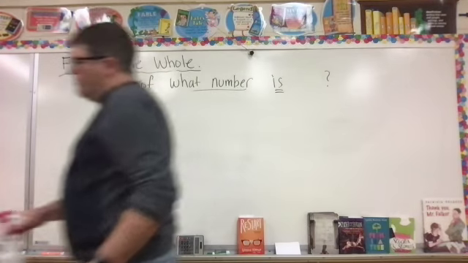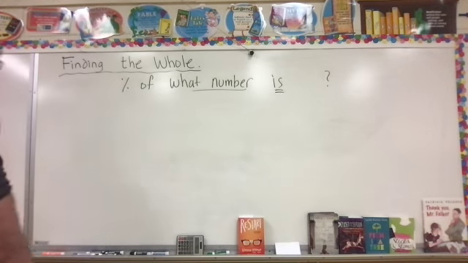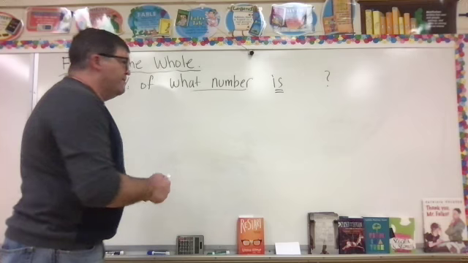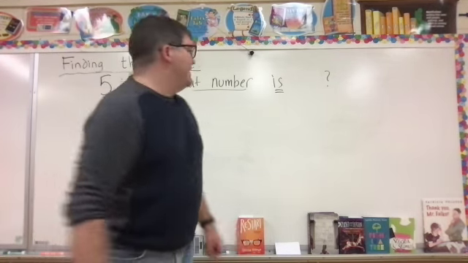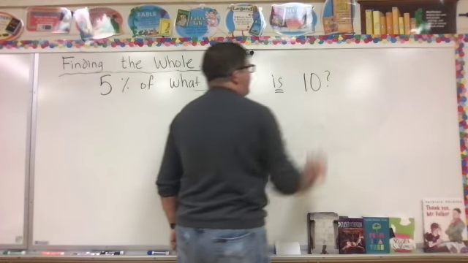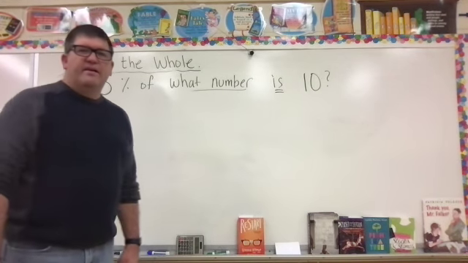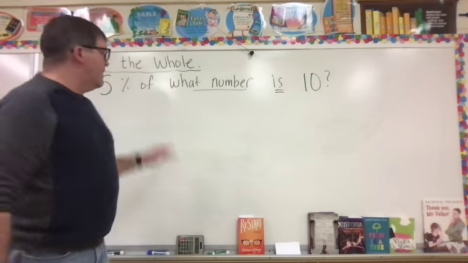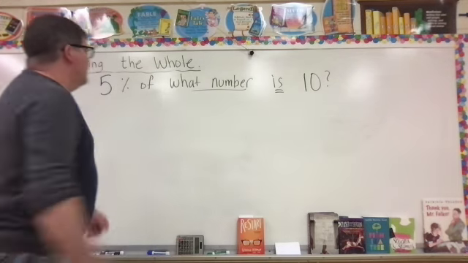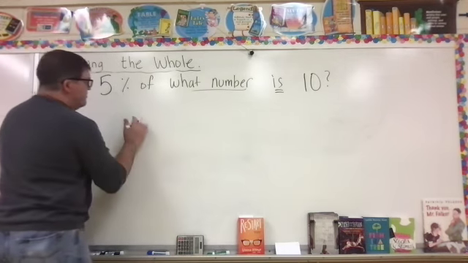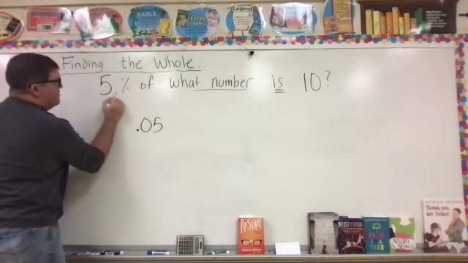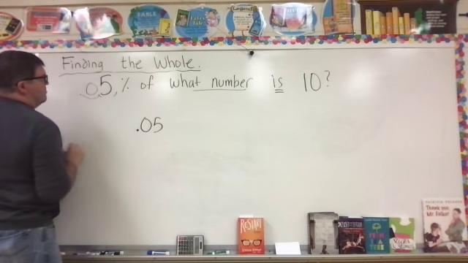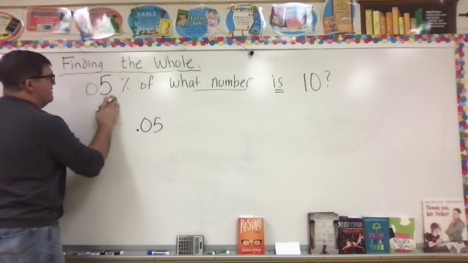This time, I'm going to do 5% of what number is 10. Okay, I use my system. I have it written out like this, and I go 5%, I make that into a decimal, 0.05. Remember, we have to take it over 2, 1, 2, comes 0.05, okay?